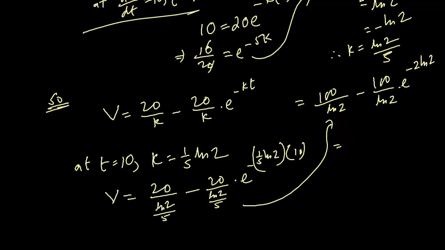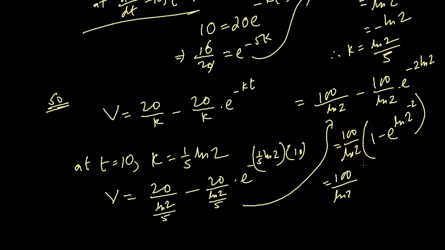We can write 100 by ln 2 common, and we can write 1 minus e to the power. If we bring the minus 2 as the power of 2, it becomes ln 2 to the power minus 2. So this would be 100 by ln 2, which is 1 minus e to the power ln 1 by 4, which is 1 by 4.